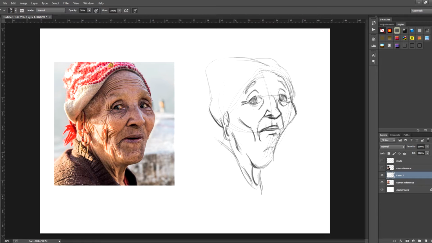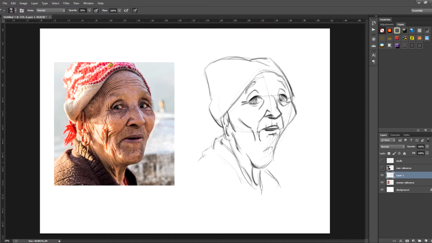Finally, we'll go over the borders and tidy up the outline. And our old lady is finished.